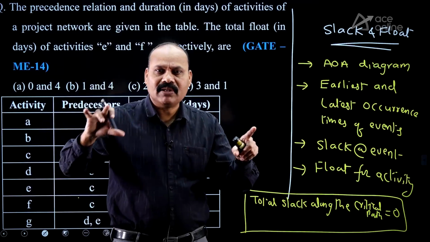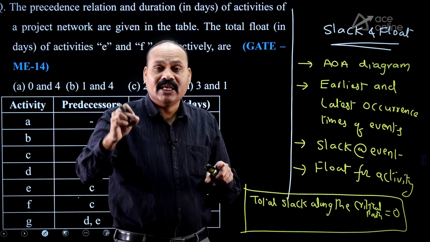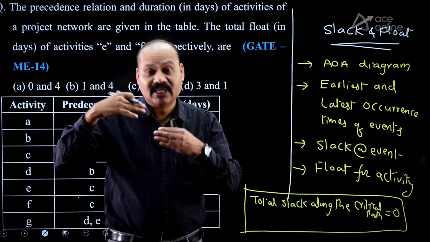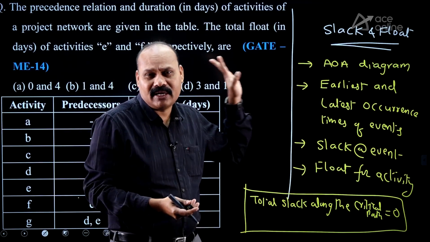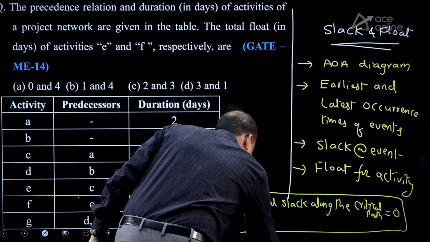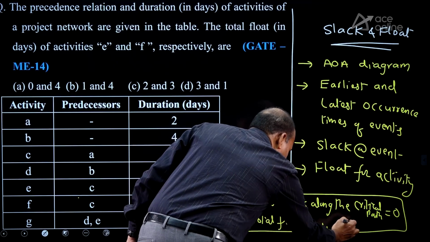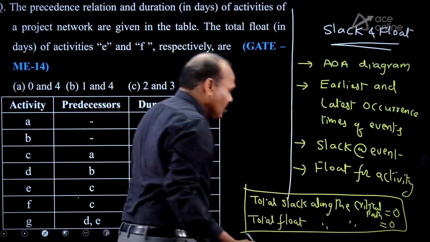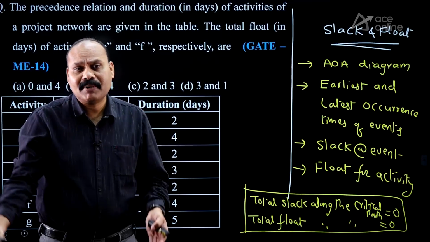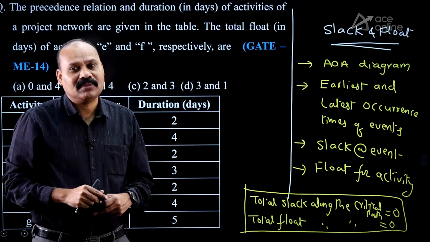If the problem is given, identify the critical path. If the given data is matching with the critical path, what is the answer? 0 directly. Total float along the critical path is 0, slack along the critical path is 0.